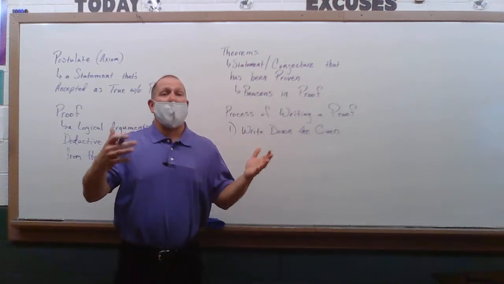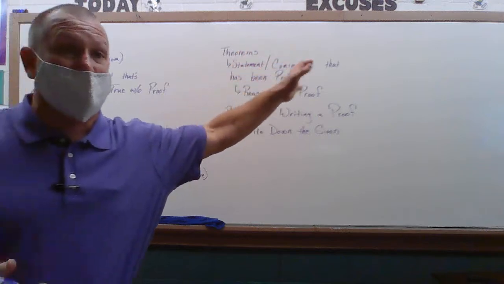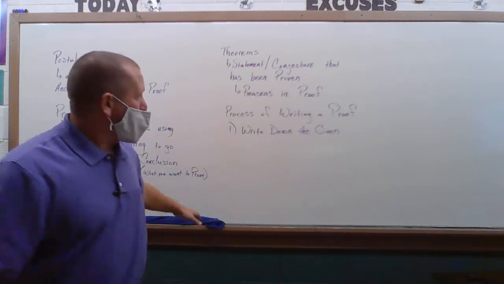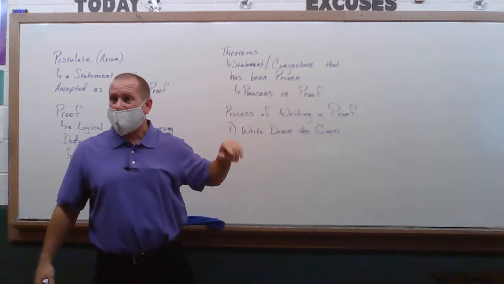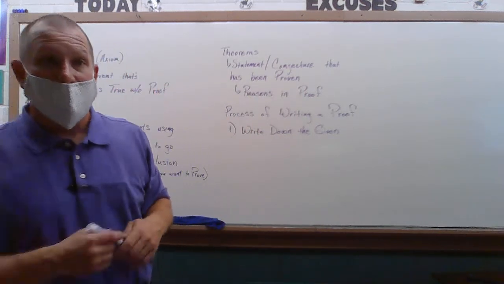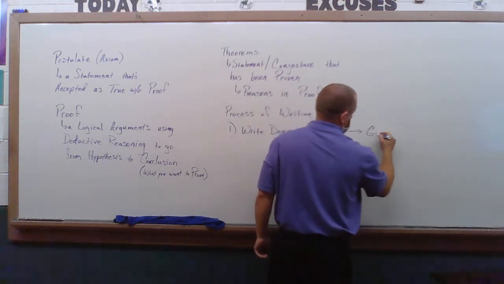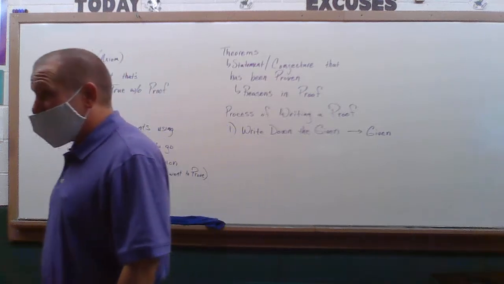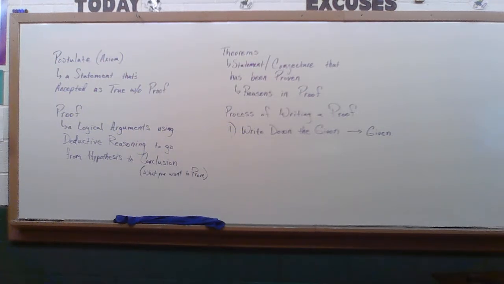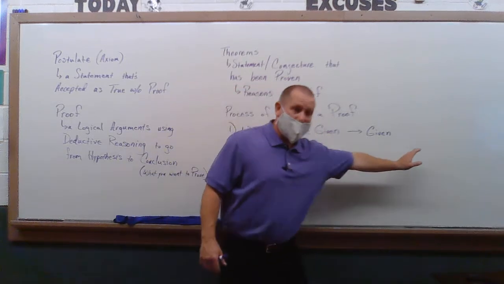Okay, so with every single time that you write a statement in a proof, you need a reason why. Why can I list the given as the first step? Every single time, my reason why is simply, it's given to me. Okay, so when I ask you to write a proof, you're going to write a statement and a reason why.